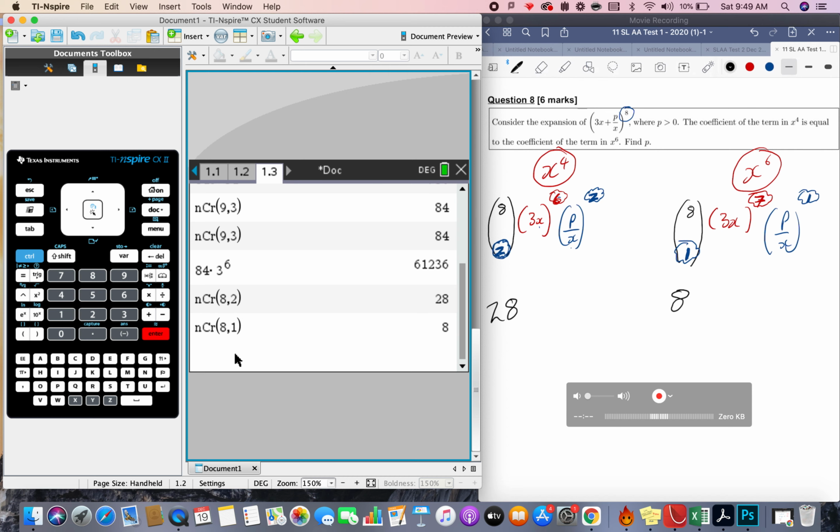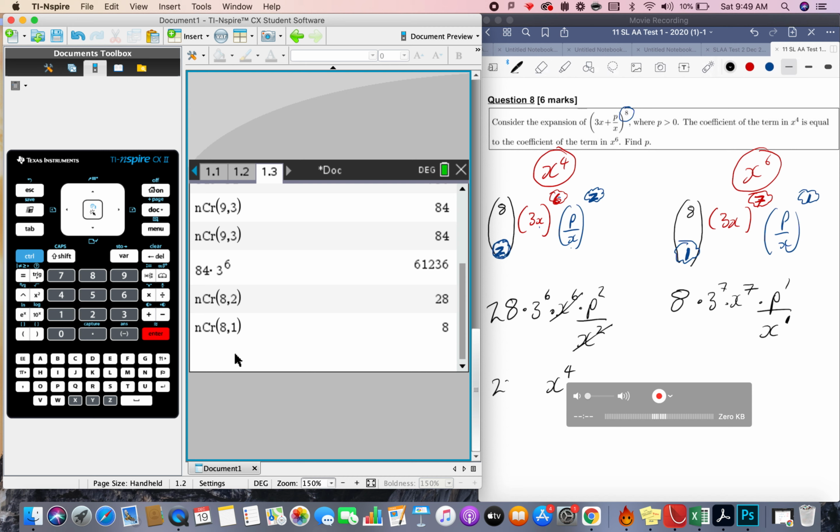Then back to here, this is going to be times 3 to the 6 times x to the 6 times p squared divided by x squared. Go to the side, this is times 3 to the 7 times x to the 7, just distributing that exponent of the product, times p to the 1 over x to the 1. Now can you see that the x to the 6, x to the 2 cancels out, and that will be x to the 4.